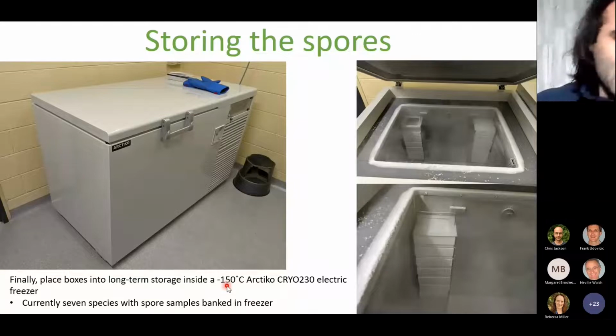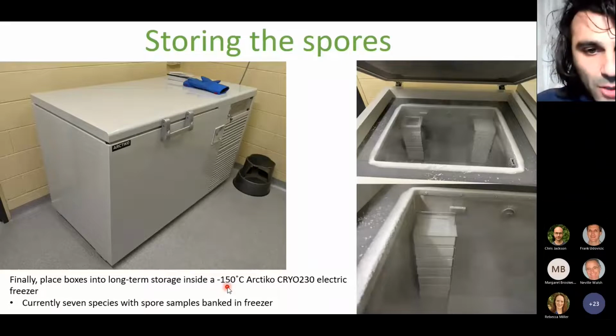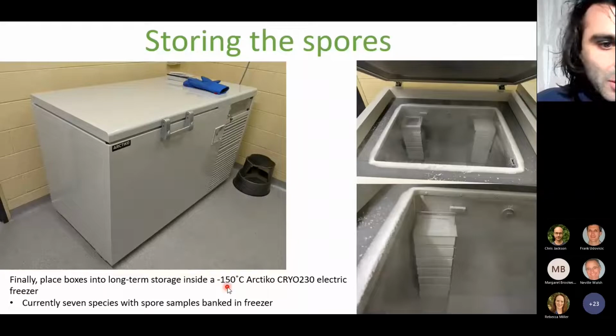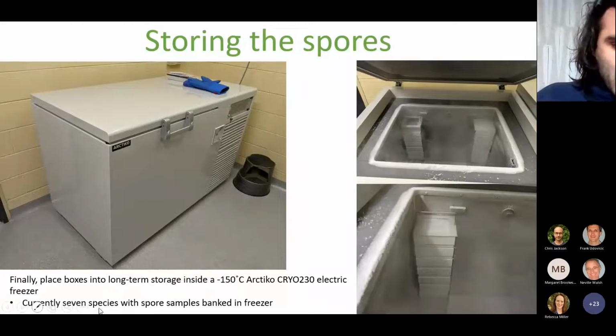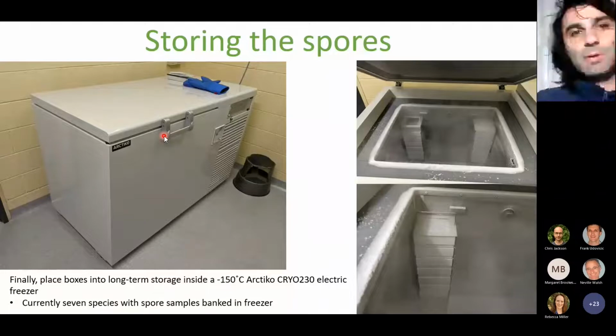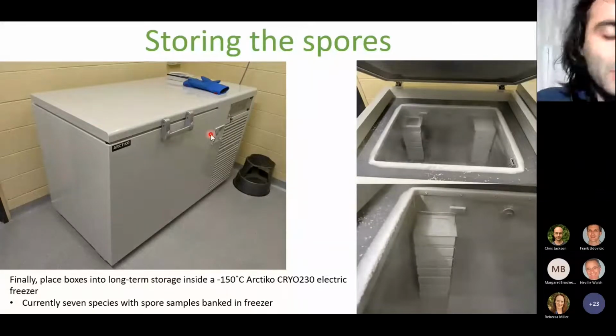So we've gone with the -150 degrees option so that we can potentially store a broad range of different species. Currently there's 7 species that we've got spore samples from banked in this freezer, and we've just started to put spores in this because we only hooked this freezer up in June actually, so it's only been running for about a month so far.